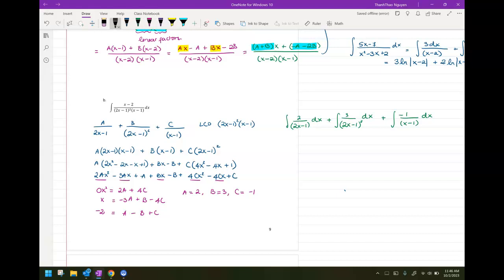So note that here, this term in the middle, we have the integral of 3 over 2x minus 1 squared dx. We solve that integral by u substitution. Let u equal 2x minus 1, du equal 2 dx. Then this integral in the middle becomes 6 du divided by u squared. So that is 6 times u to the negative 2 du.